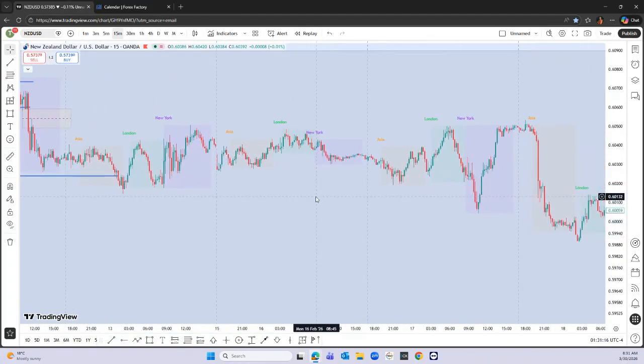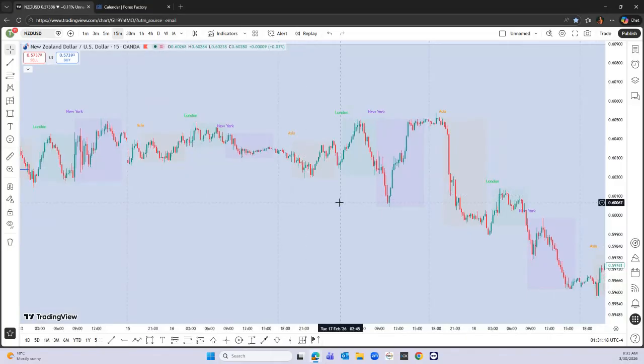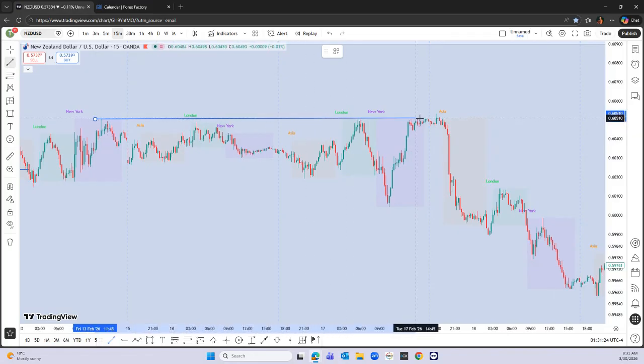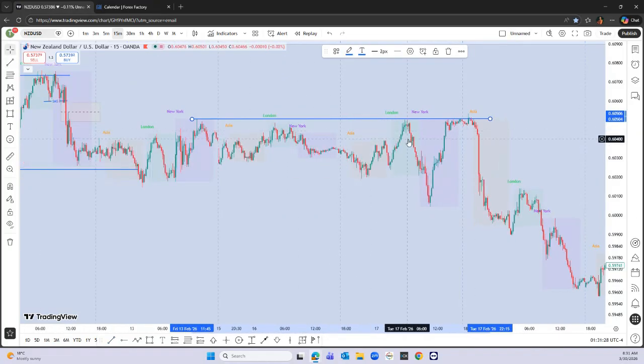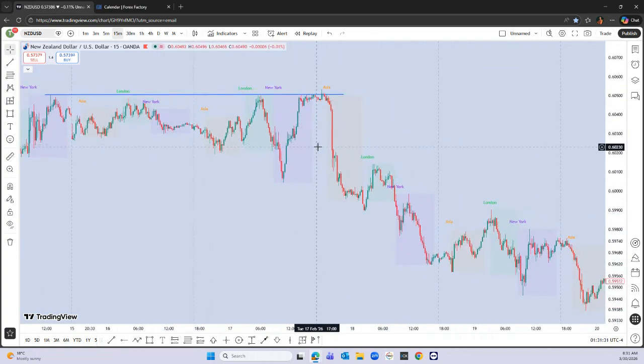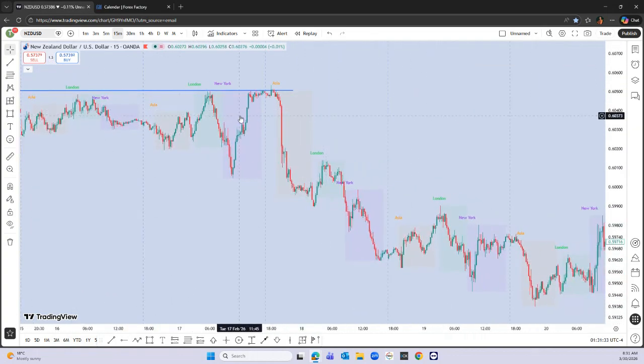Let's push on. Then I come here and see the liquidity, the equal highs. The equal highs are being taken out, you can see that particular liquidity. What I want to look at at this point is probably the market giving me a sign of continuation of the downside.